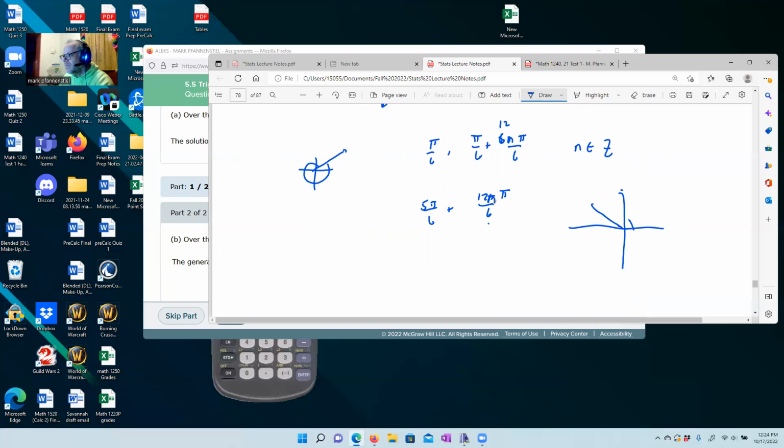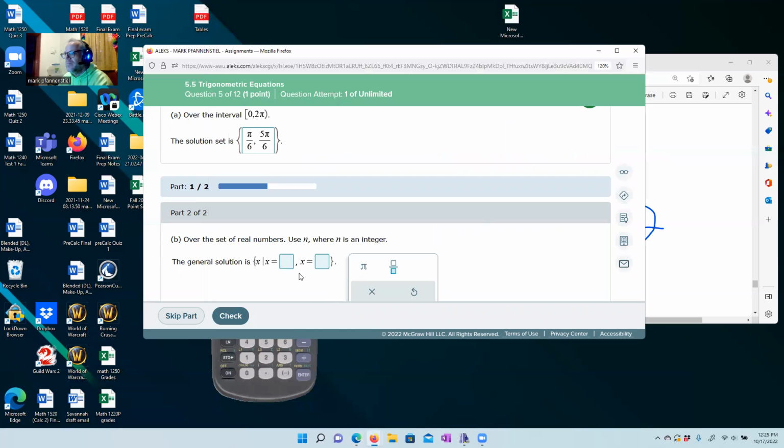That's pi over 6, but we also want that angle, that angle, and that angle. And how many times around? Oh, we can go backwards too. So we want 5 pi over 6 plus 12n pi over 6, where n is an integer. We do it that way.